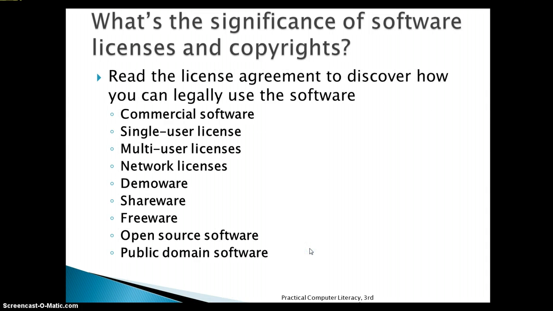This is for you to go and actually read through or think about the significance of software licenses and copyrights. This is straight from the chapter from our CG that we have been reading in chapter 4. You have to read more about the license agreement and commercial software, single user licenses, multi-user licenses, up to public domain software.